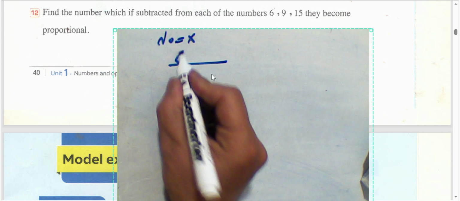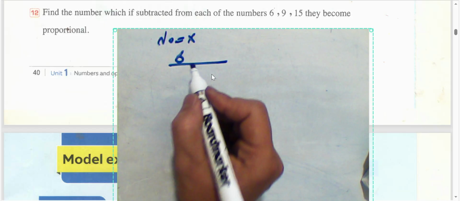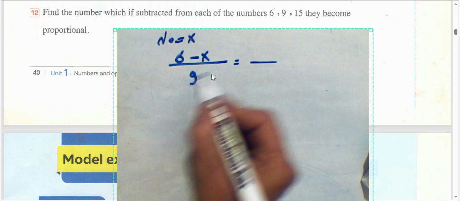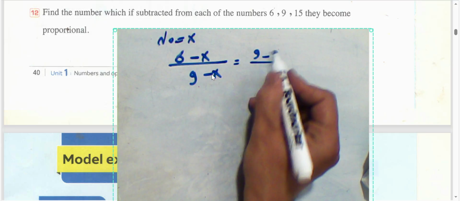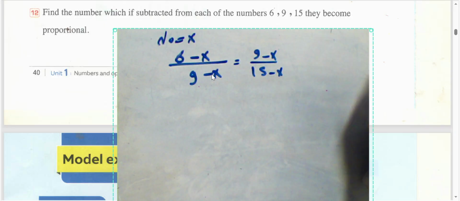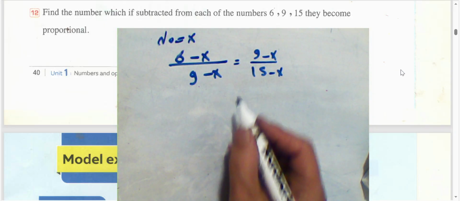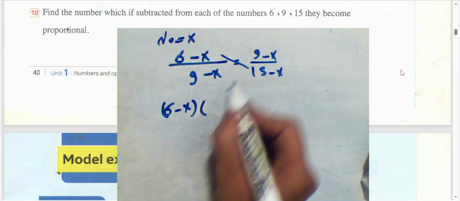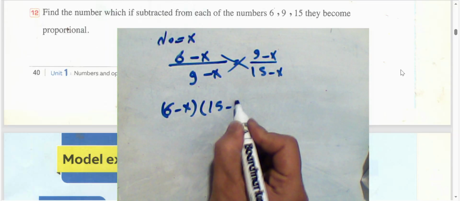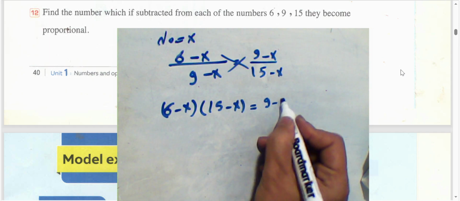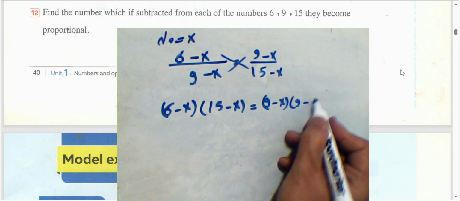Then we have 6 subtract x, and down 15 minus x. We can use the rule, the product of extremes equals the product of means. 6 minus x multiplied by 15 minus x, and 9 minus x multiplied by 9 minus x.